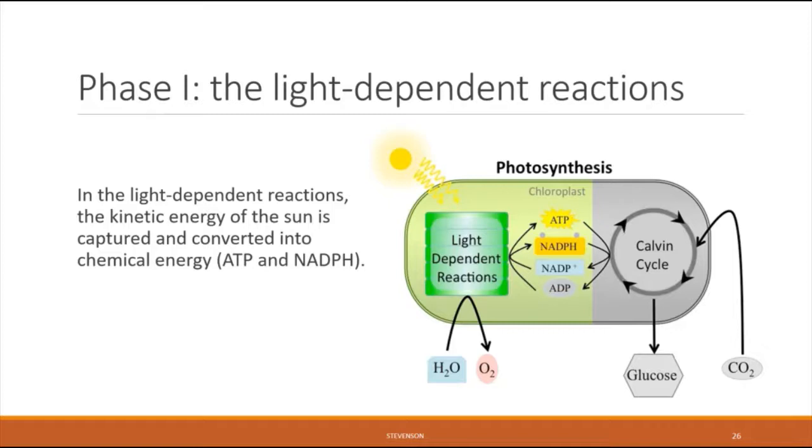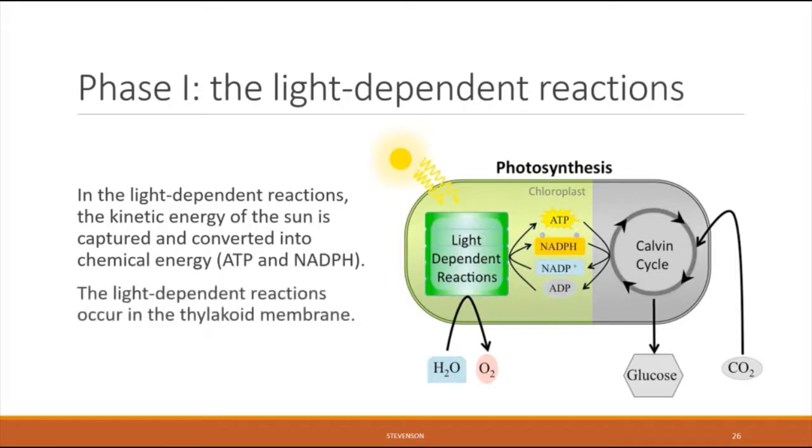So, bottom line here is that the light-dependent reactions allow the cell to capture the energy of sunlight, and then that energy of sunlight is converted into ATP and NADPH. And on the next slide, we're going to see how that happens. And of course, this whole process is happening inside of the thylakoid membrane, which is the membrane surrounding those little discs that are stacked up like green pancakes.